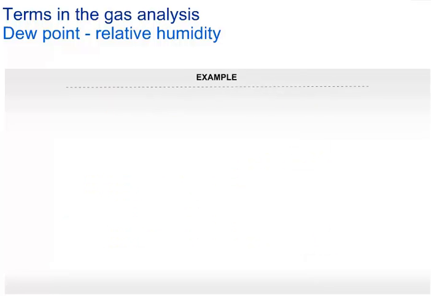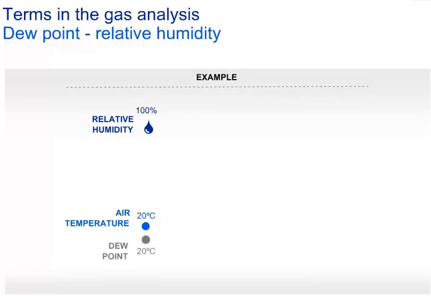Another example. The temperature is 20 degrees C and the relative humidity is 100%. That means the dew point equals 20 degrees C. Then the absolute water content equals 2.3 volume percent. Look at the following table.